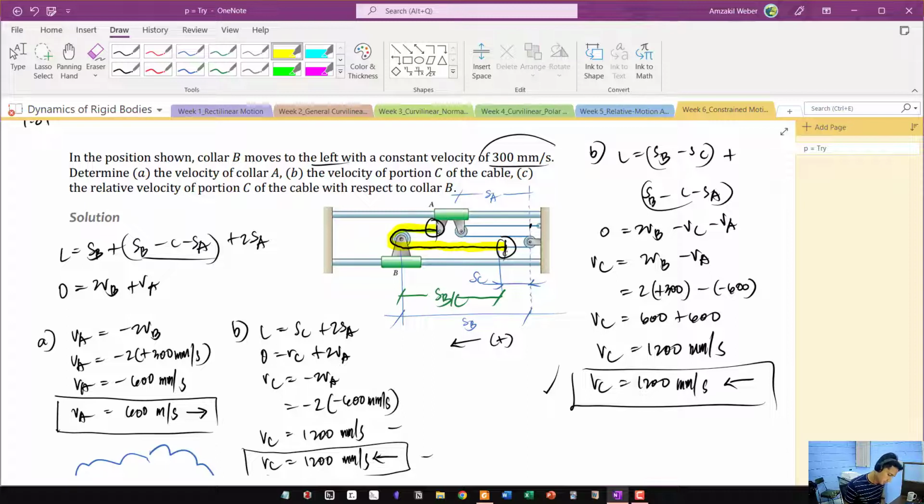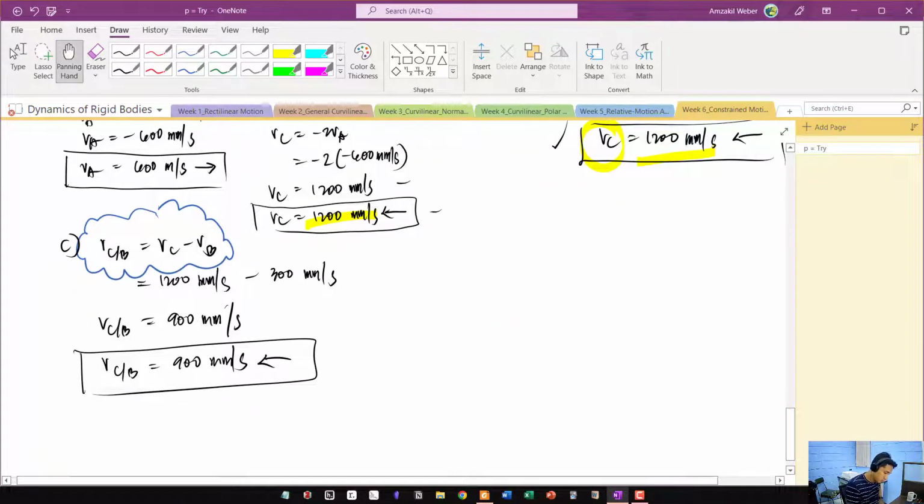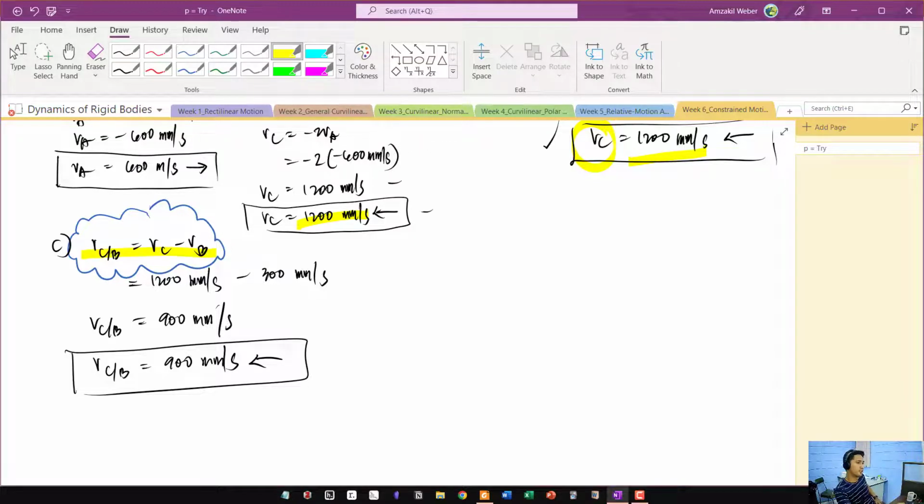My first assumption was that this would result in the relative velocity of C with respect to A, but that's not the case because it equals VC. We also compared it at the top, and the solutions for this and this are valid. So this is the only solution for the last question.